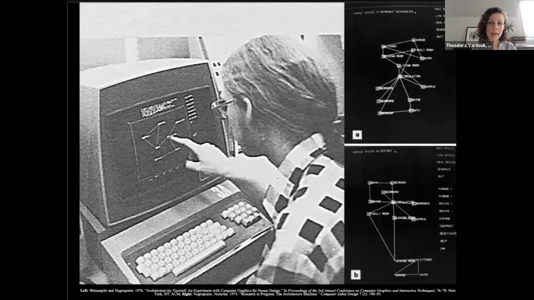Through a collaboration that started soon after the Design Participation Conference, which also featured a paper from the Architecture Machine, Friedman's methods materialized into an interactive computer graphics program called Yona, Your Own Native Architect, but also Friedman's first name, in which an unpracticed designer, that's what they called them, could topologically manipulate connections between rooms in a floor plan and then receive layout recommendations from a computer.